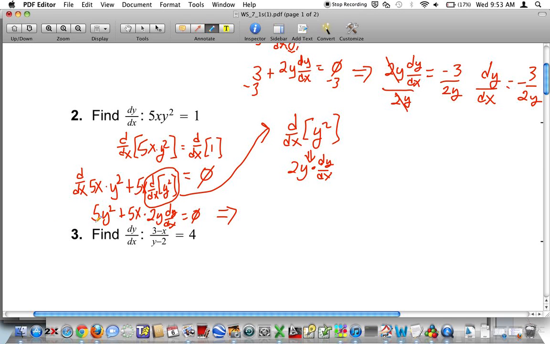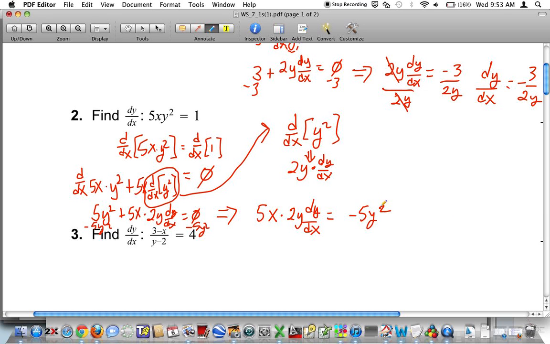So let's subtract 5y squared from both sides. 5y squared minus 5y squared minus 5y squared. And so that's going to give us 5x times 2y dy dx is equal to a negative 5y squared.